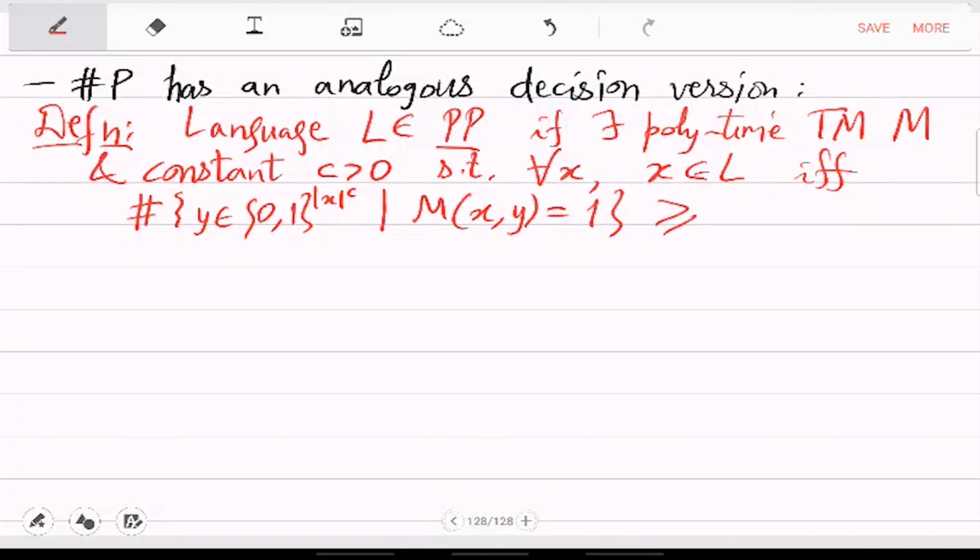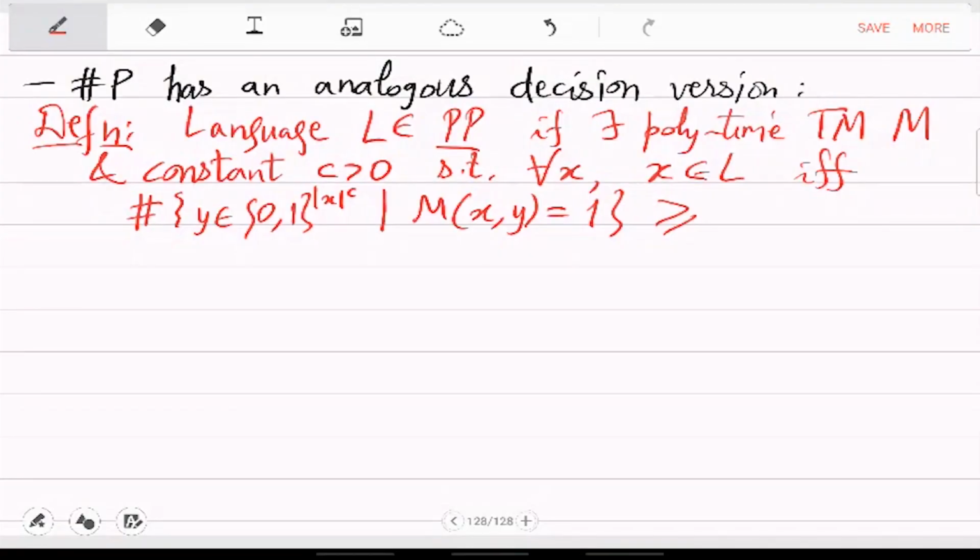Okay, so amongst the paths, at least half of them are accepting. When that happens, then x is a yes string, if and only if. So such problems you can think of, for now, as solvable by a probabilistic Turing machine. With probability half it accepts, and less than half it rejects. So there is a minuscule advantage that it is giving to the yes string, which is half.